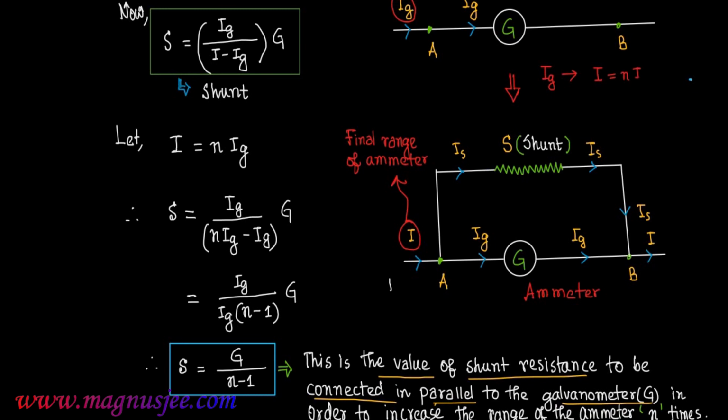Now, if we want to increase Ig to I equal n times Ig, then the value of shunt S will be G divided by (n minus 1).